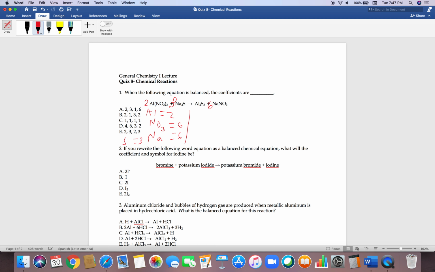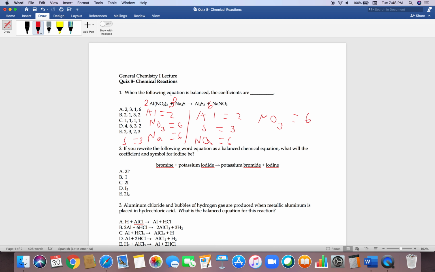So let's verify that that's the same on the other side. I have 2 aluminum, I have 3 sulfide or sulfur, I have 6 sodium, and I have 6 nitrate. So like I suspected, that has fixed our problem, and that has balanced our equation.